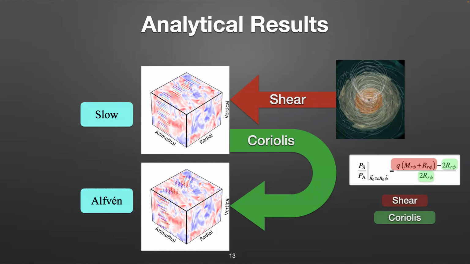As shown, it depends on the physics of the shear and Coriolis force. It can be inferred using the global Maxwell and Reynolds stress tensors. These stress tensors are what cause injection of energy into the system, and also they cause angular momentum transport. The dynamics of these stresses have been well studied with the magnetorotational instability.